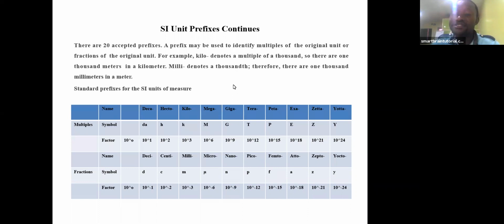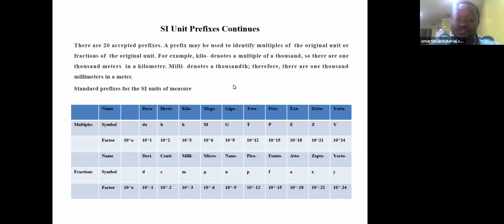In the conversion factor, the meter and the kilometer both measure distance, but the kilometer measures a larger distance than the meter. If you get 1 meter, 1 meter, 1 meter, and sum them up to 1,000, it gives you 1 kilometer. So the kilo added to meter is a prefix for meter, and it gives a larger value. This is the use of the prefix to either get a larger quantity measurement or a smaller quantity measurement. Therefore, there are 1,000 millimeters in a meter.